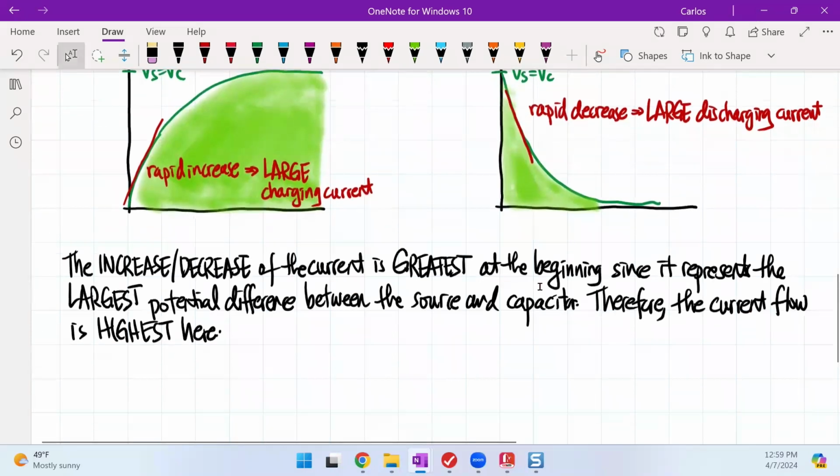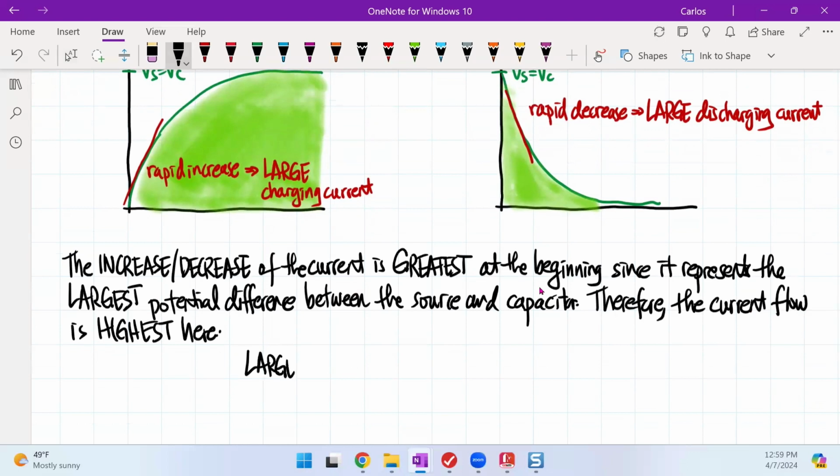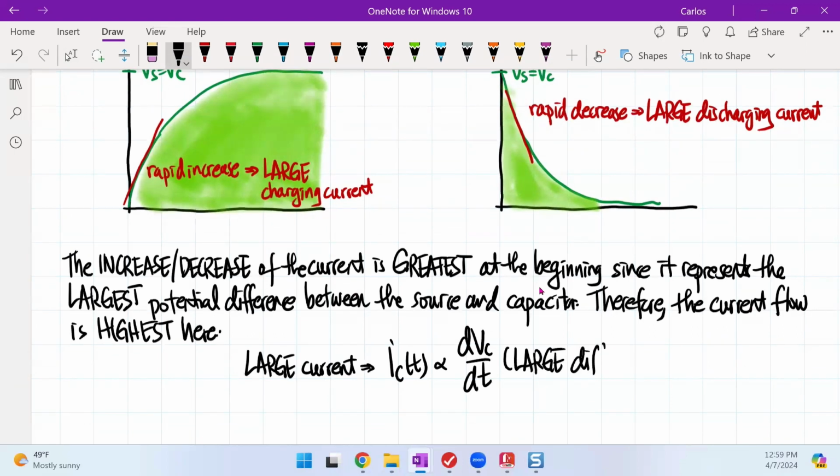In other words, we get a large current, which tells us that IC of t is largest because the difference in the capacitor voltage is large. So there's a big change.